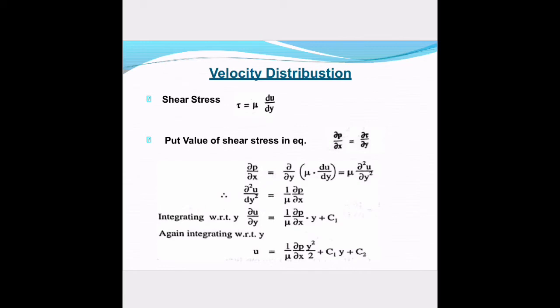So u, where u is the velocity, equals 1 by mu del p by del x y square divided by 2 plus c1 y plus c2.